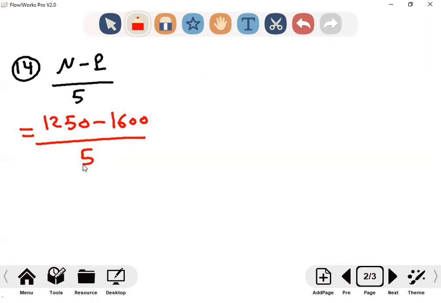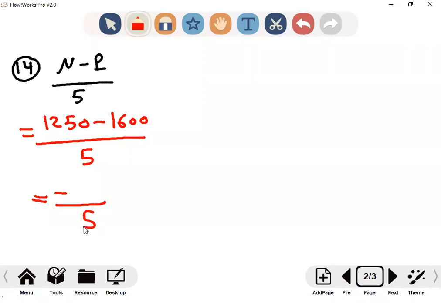Now, what we do here, we do up, then divide, right? Up we have subtraction. We prepare the numerator. Now, the 1250 is positive, right? And the 1600 is negative. Different signs. We subtract and put the bigger sign. What's the bigger sign here? Okay, down 5.